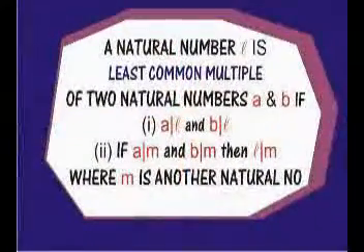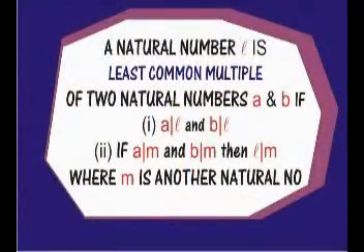A natural number L is called the least common multiple, LCM, of two natural numbers a and b if a divides L and b divides L, and if a divides m and b divides m, then L divides m, where m is another natural number.